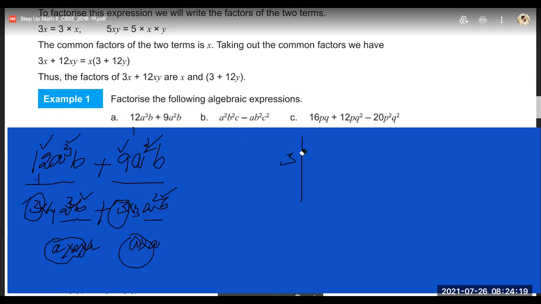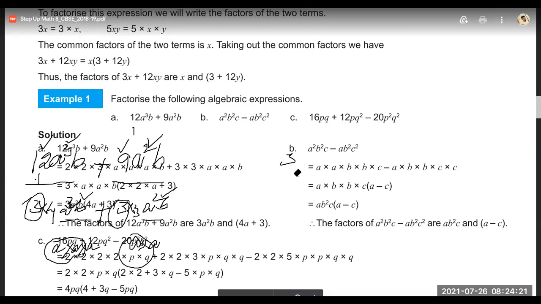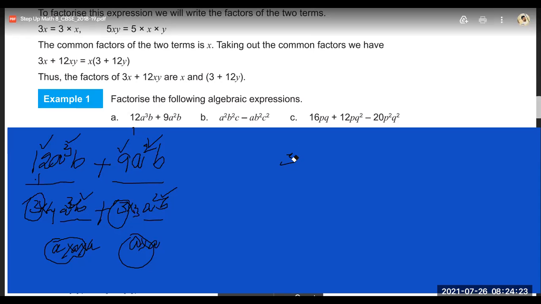So ultimately what can we do here? From 12a cube b, we take 3 common. When we take 3 common, 4 is left.